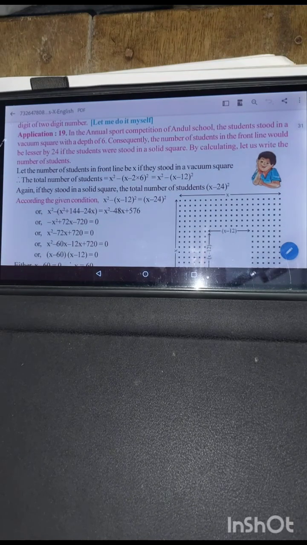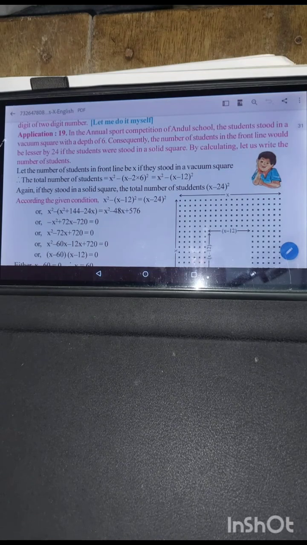The students stood in a vacuum square with a depth of 6. Consequently, the number of students in the front line would be lesser by 24, if the students were stood in a solid square.